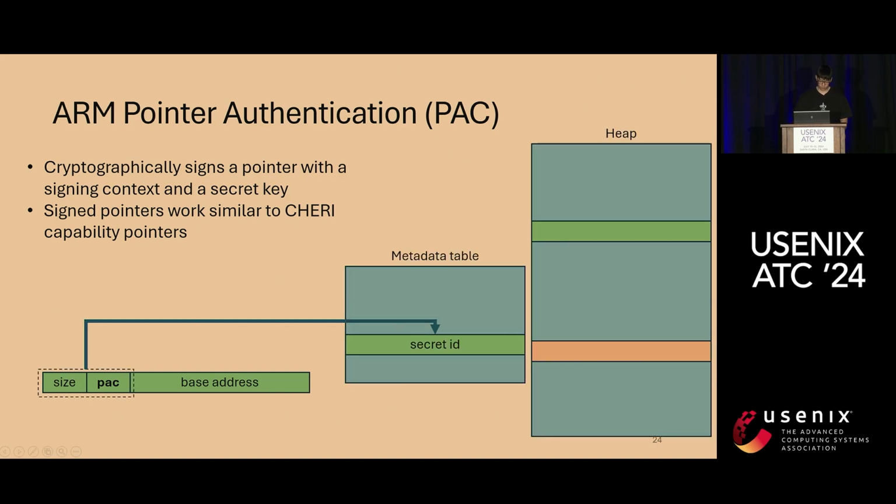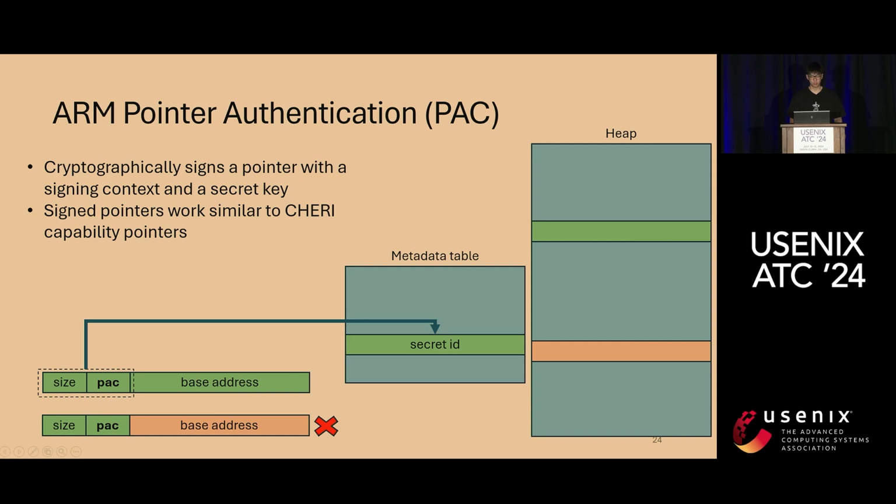Each object is signed with the size of the object as a power of 2, the base address, and the secret ID. The size bits and the PAC are used to index into this hidden map in memory to store the secret ID.